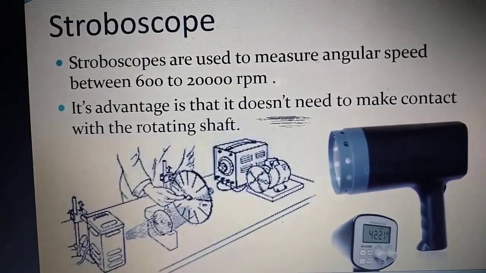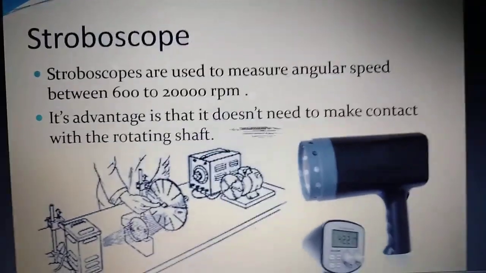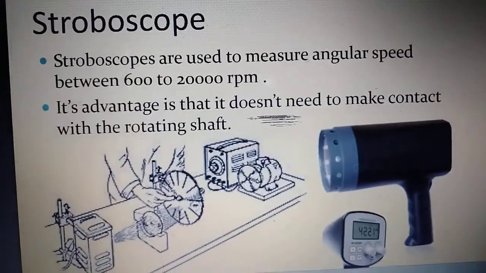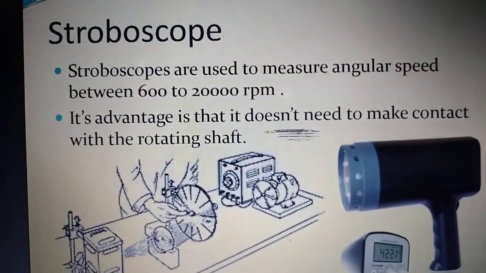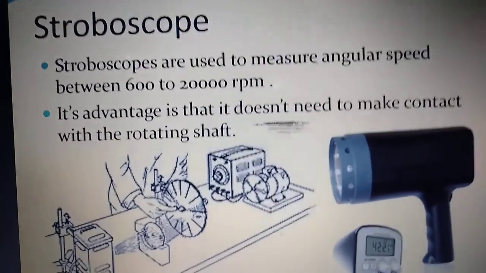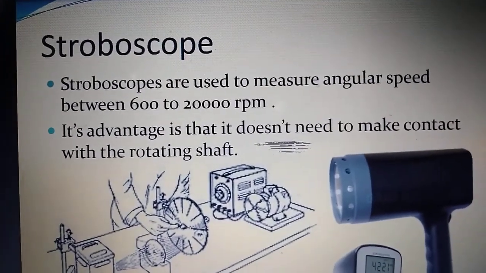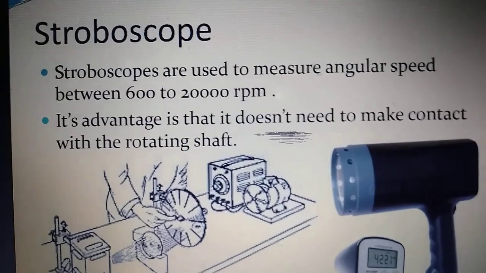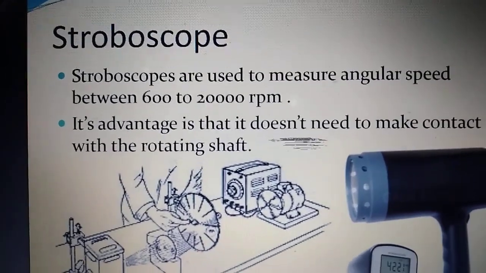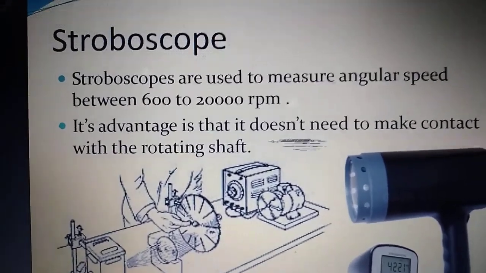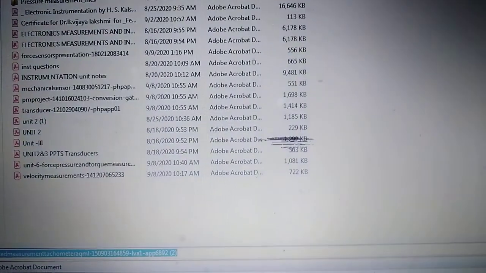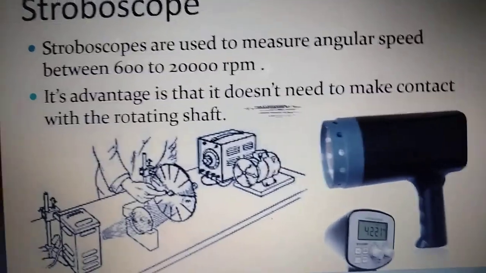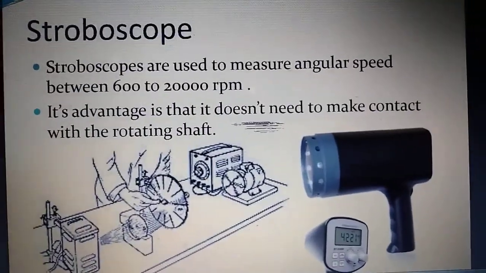The main important components in a stroboscope are, first, a flashing bulb to change the light intensity frequency. Second, the rotating shaft whose speed is to be measured. So these are the important points.